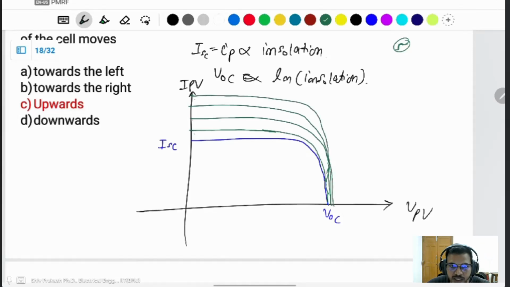From this you can say the whole curve is shifted upward only. In what condition will it shift rightward? Rightward means the current increases very little and the voltage increases more, like this type of shape.